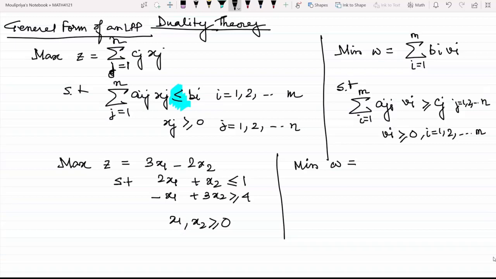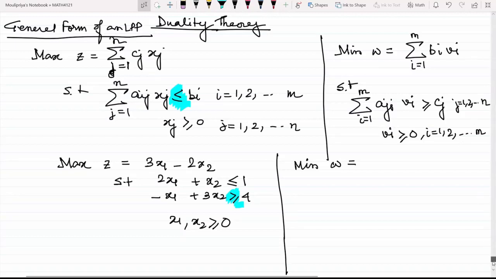This is a maximization type of problem, and we find that one of the constraints is greater than or equal to type. Am I okay with this? But the general format of a maximization type problem is that the constraints should be less than or equal to type. That implies primarily we need to convert the second constraint to a less than or equal to type.